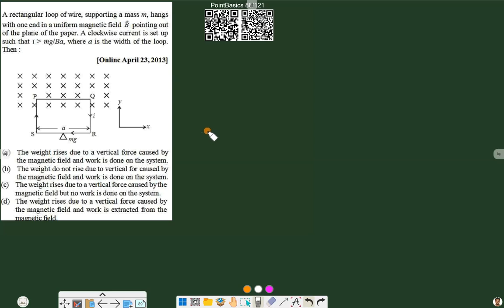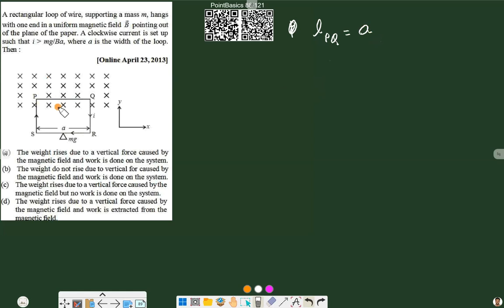Here, as we can see from the diagram, PQ is the part of the conductor that is inside the magnetic field, and the length of the conductor PQ will be, suppose, L. Assuming the length is L or A. Let me check if it is mentioned or not. Rectangular loop of wire. Okay, it is mentioned in the diagram that the length is A, so it will be A.